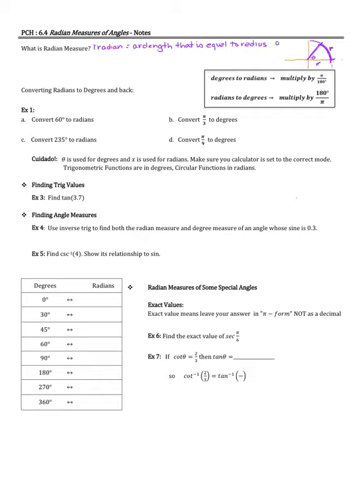So in this case, theta here is going to equal 1 radian. Another way to look at it is that radians do tend to measure arc length. It is going to be the arc length divided by the radius of the circle. And that's why if those two are the same, that equals 1 radian.